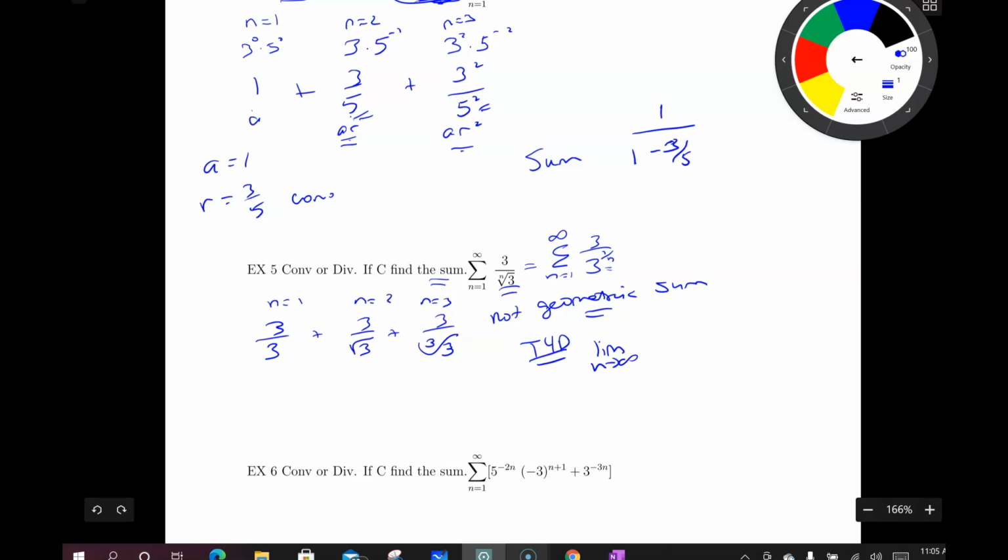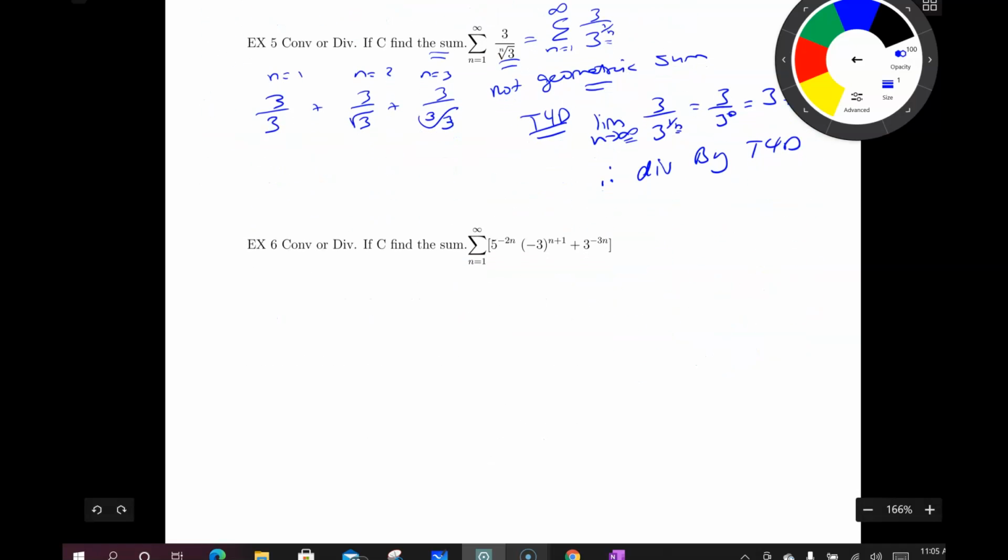Because when I take this limit and put infinity in, I get 3 to the 0 power, which is 1, so I get 3. And remember, the test for divergence says if it doesn't equal 0, then I diverge by the test for divergence. So this is one you're just going to need to recognize.